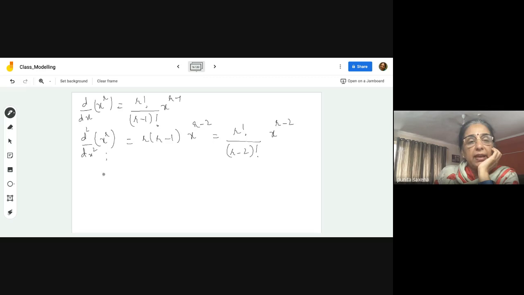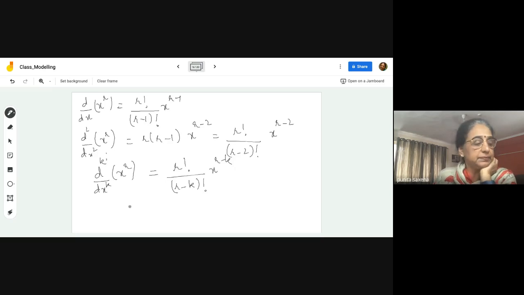Fine. That means in general, the kth derivative of x to the power r is r factorial upon r minus k factorial, x to the power r minus k.